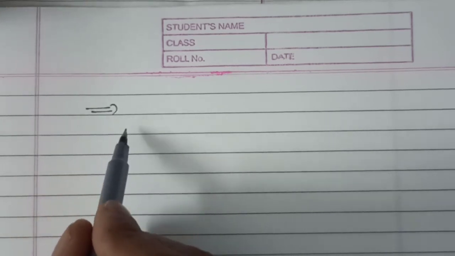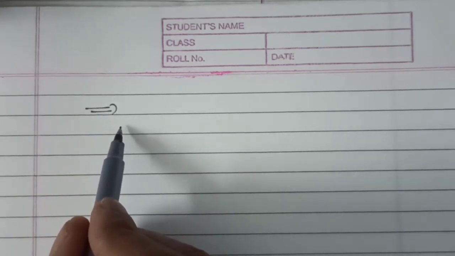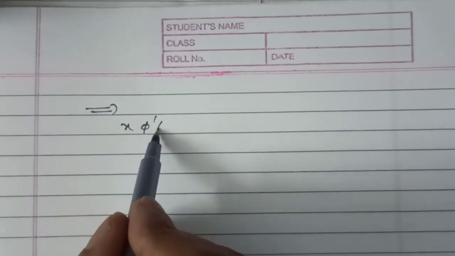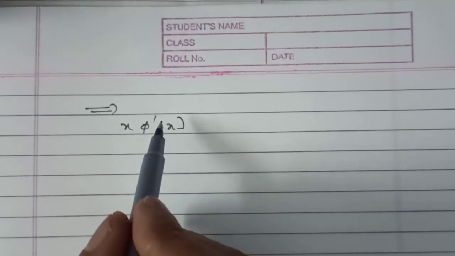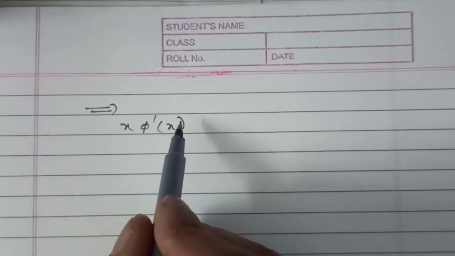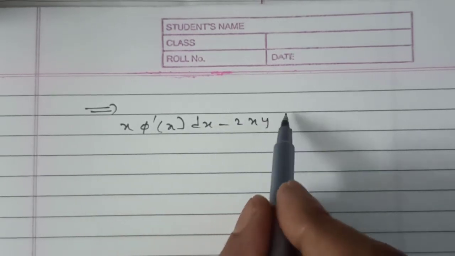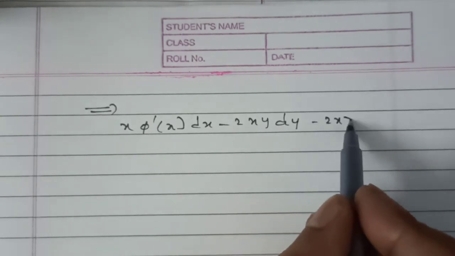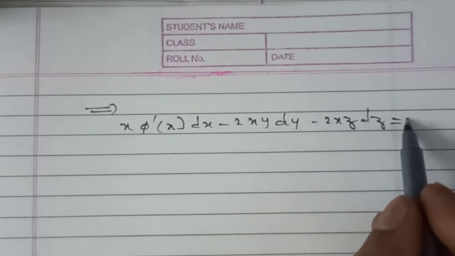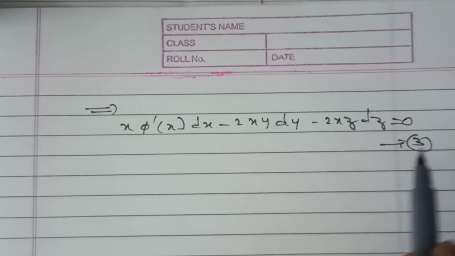So multiply with x on both sides to the previous step: x into phi dash of x dx minus 2xy dy minus 2xz dz is equal to 0. Take this as equation 3.